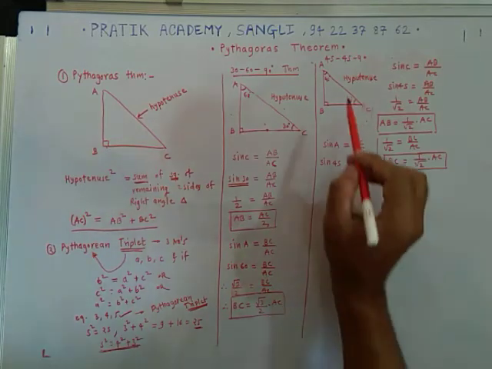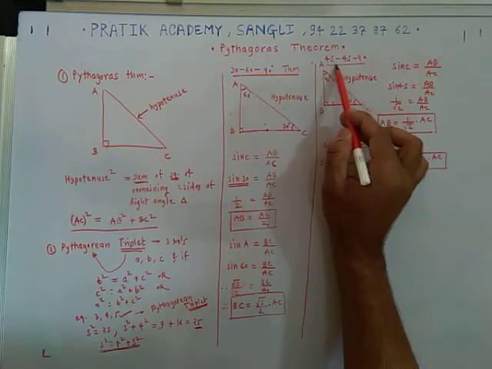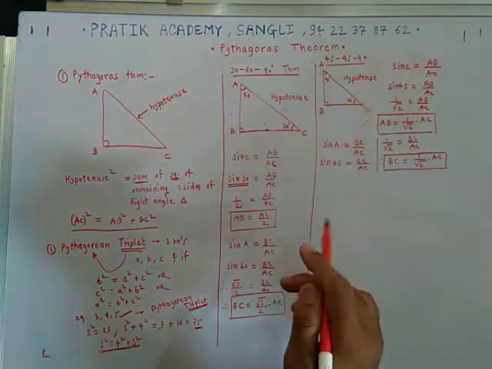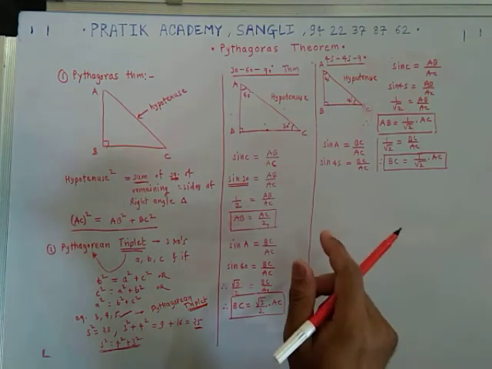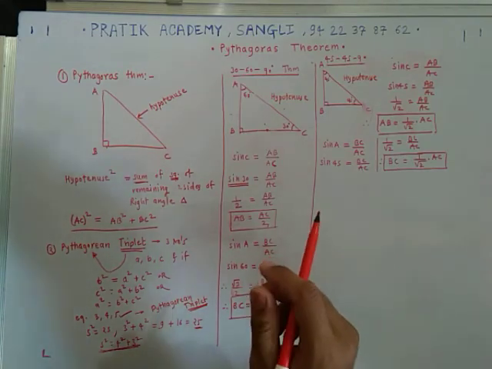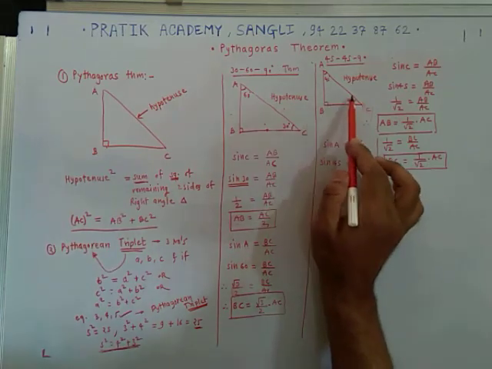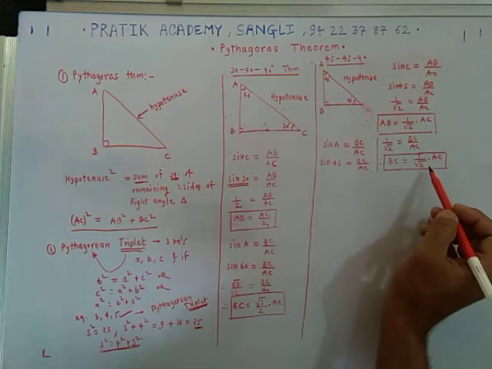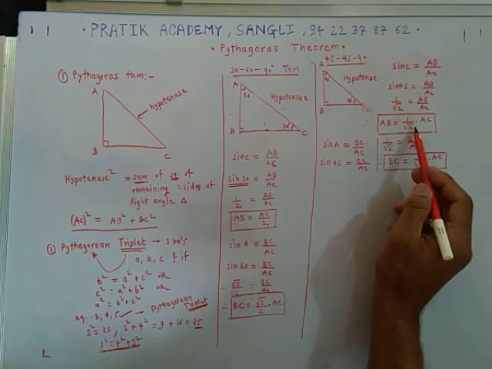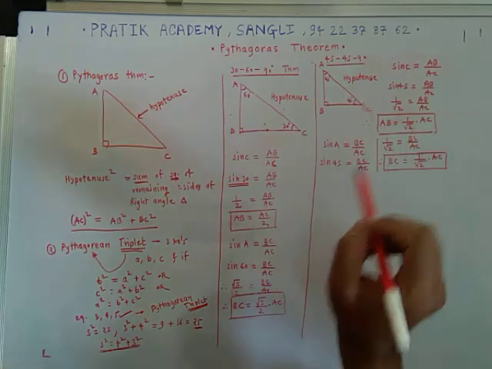So in case of a 45-45-90 degree right angle triangle, the sides other than the hypotenuse are always 1 upon root 2 times the hypotenuse.